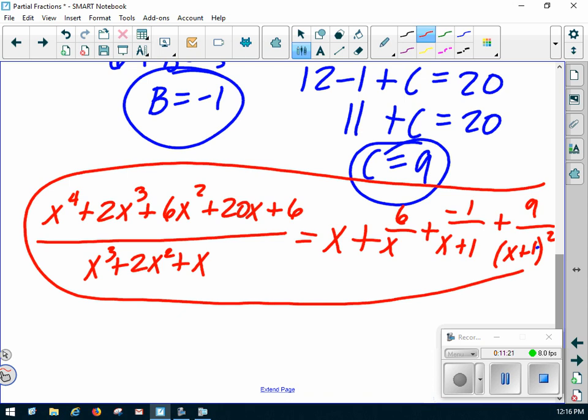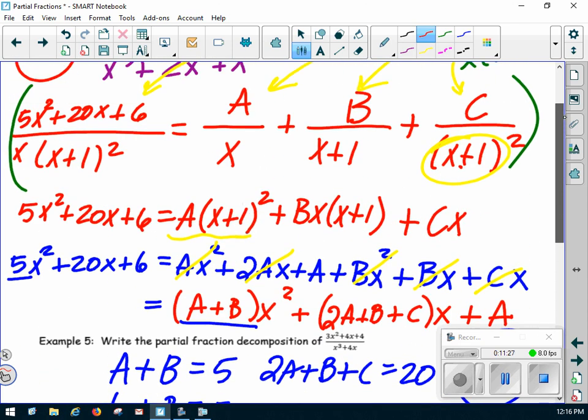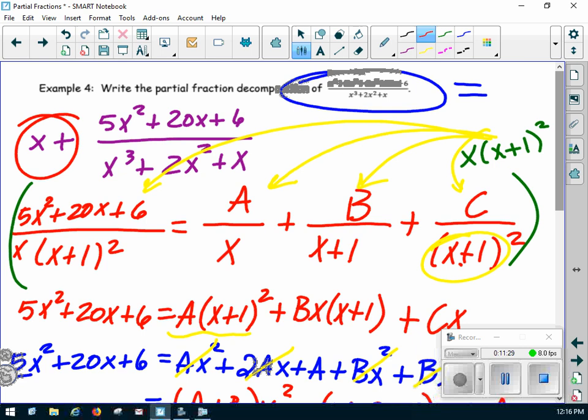Question. Why is this x right here? Because when I did long division, it was x plus this fraction. This partial fraction decomposition just broke down this fraction. So the answer is x plus that fraction.